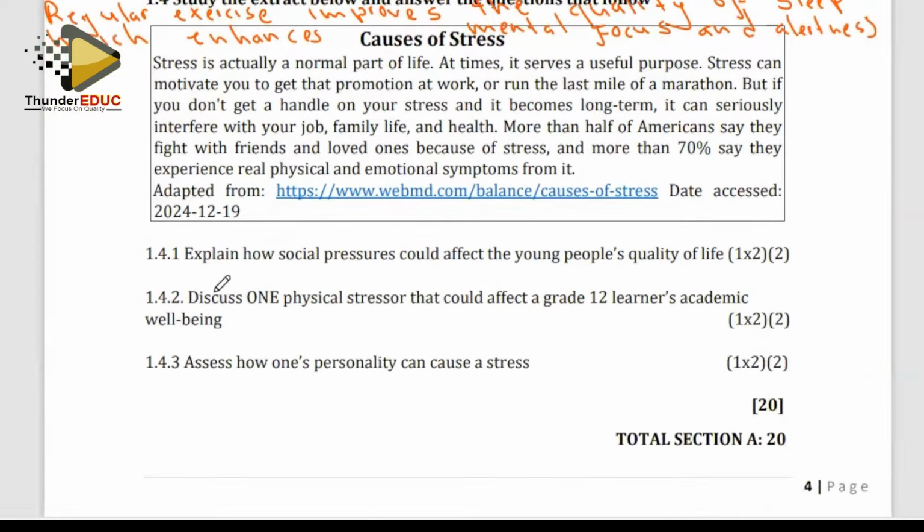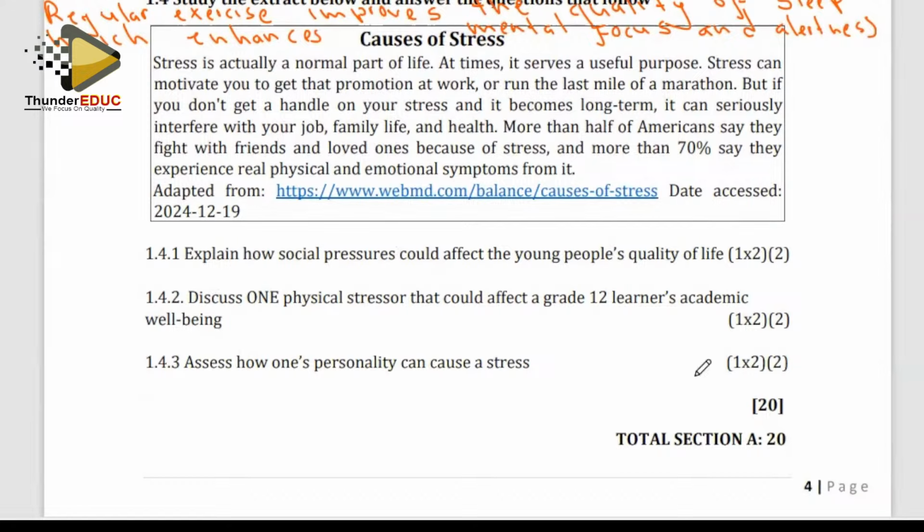Now, going straight to question 1.4.1. Explain how social pressures could affect young people's quality of life.